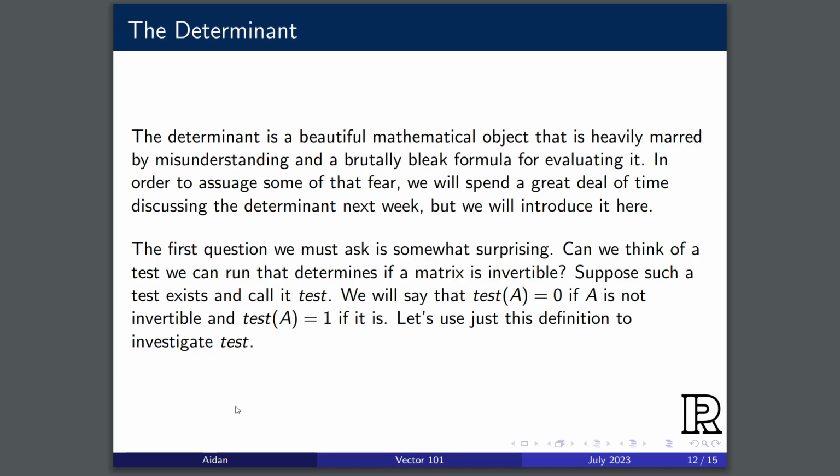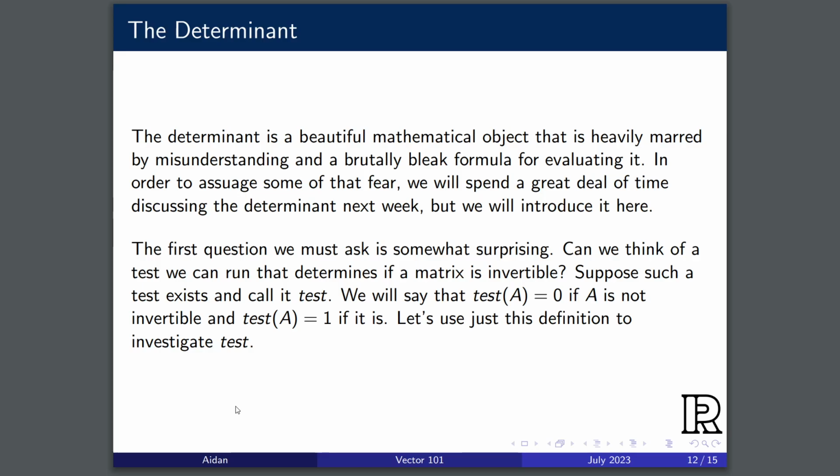But we'll get to that. So we want to define this function test, and it's going to return 0 if matrix A is not invertible, and it's going to return 1 if the matrix A is invertible.